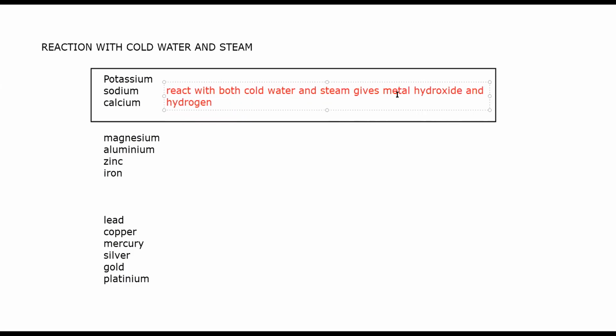This is the result of reaction with cold water or steam. So as a result, what will they give? They will give metal hydroxide and hydrogen.